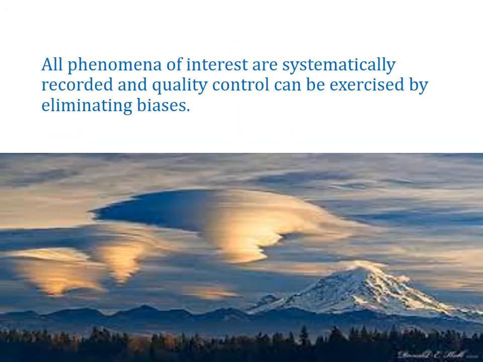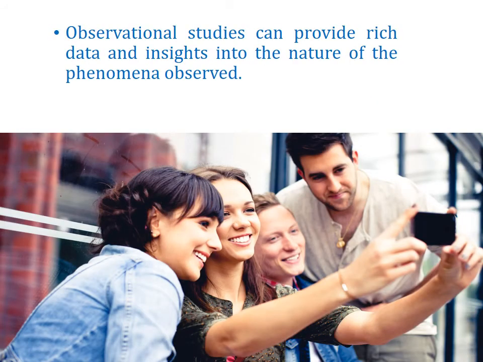All phenomena of interest are systematically recorded and quality control can be exercised by eliminating biases. When we collect data through observations, the different phenomena are systematically recorded, providing good evidence for the researcher conducting the research in the natural setting.